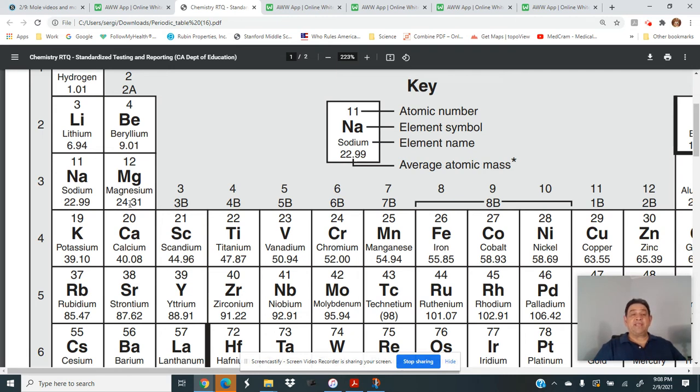The atomic mass can be taken as the average mass of an atom of that element, or it could be taken as the number of grams in 1 mole. Okay, and that's what we're going to use right now. So according to the periodic table, 1 mole of magnesium weighs 24.31 grams.